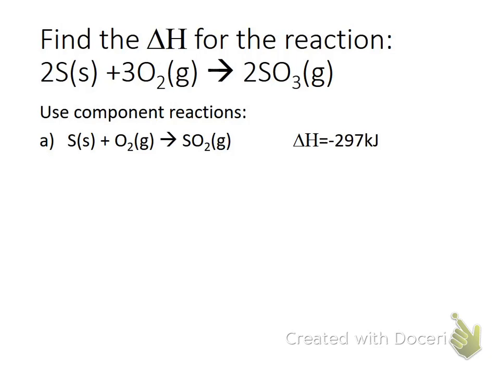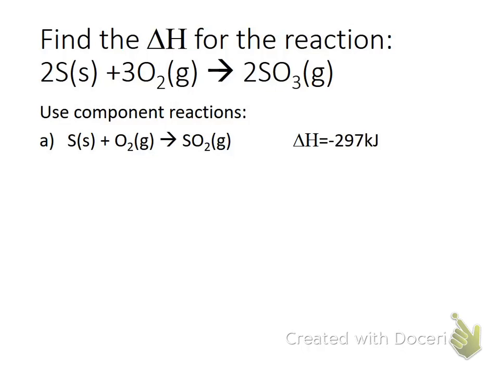These are called component reactions, and the component reactions look roughly like this. S solid plus oxygen gas makes SO2 gas, and it has a delta H of negative 297. What's most interesting, of course, is that the SO2 is not in that target reaction. The SO2 is actually not something that shows up in our goal.